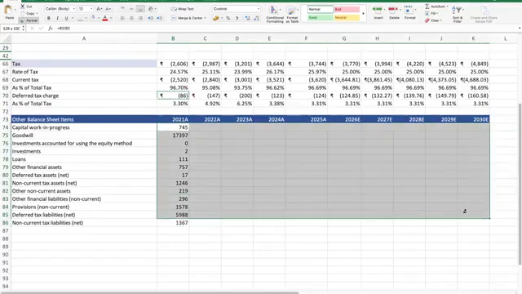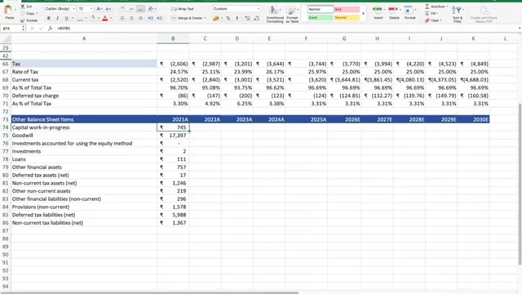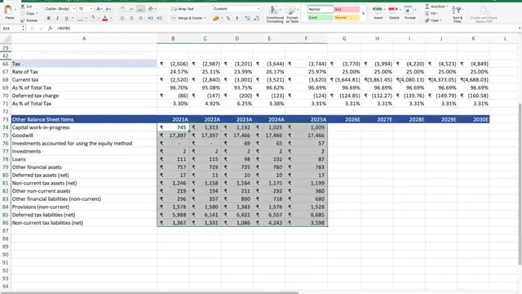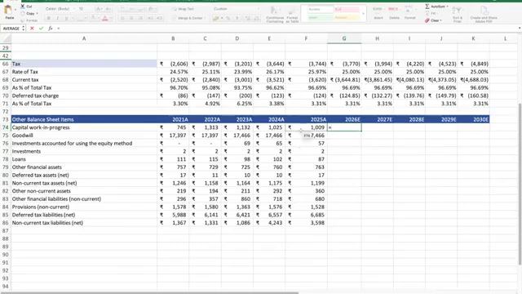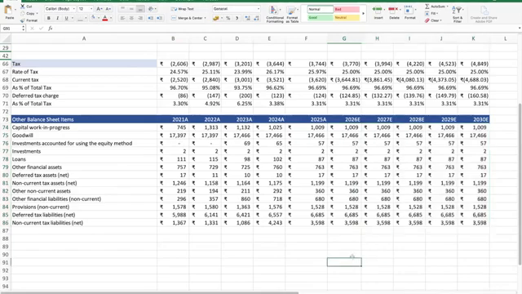Things are very, very straightforward with these line items. I'm simply going to assume that these line items will remain constant over the years, so no change in them. You can play around with it and do more research, but for your ease of understanding, as of now I'm not assuming that any of these asset values will be changing over the years. All right, so this is also done.